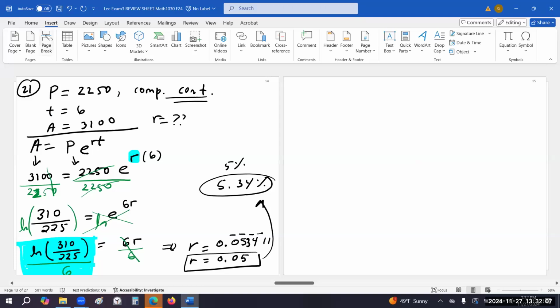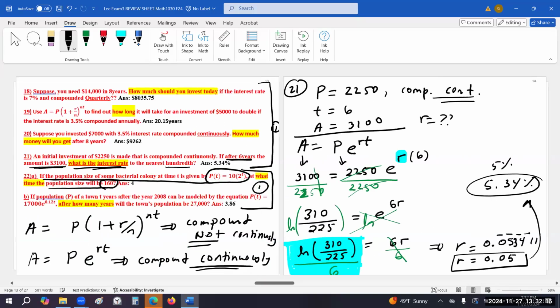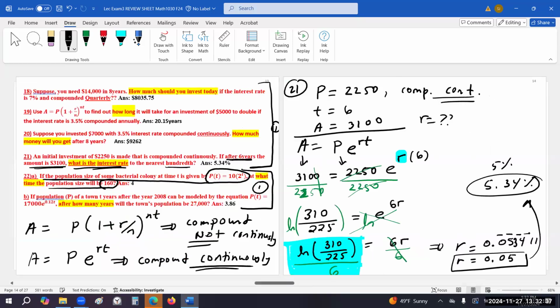For any time t, the population is 10 times 2 to the t. And they're asking when our population will be 160.